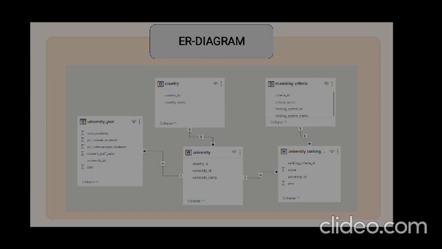After this, I connected country and university, and also RS ranking criteria with university ranking year. Now my ER diagram is ready for the given Power BI questions.